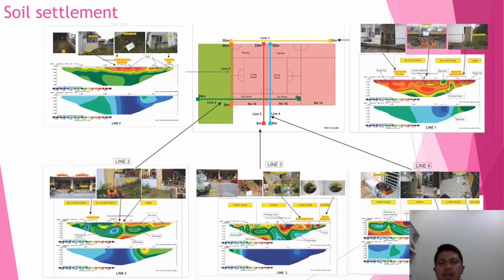Based on the resistivity anomaly, you can see the soil profile: where the settlement area is, where the void is, where the saturated zone is. Based on that, we can get some idea to advise the house owner, and to advise the majlis daerah.